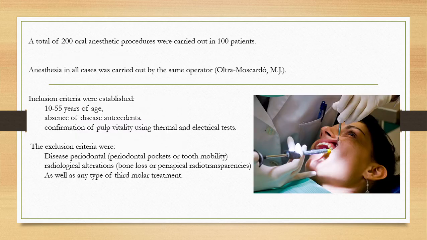Since the solution is targeted directly to the tooth requiring treatment, the surrounding soft tissue is usually not affected, unlike the conventional one, in which local infiltration and locoregional anesthetic blocks are used.